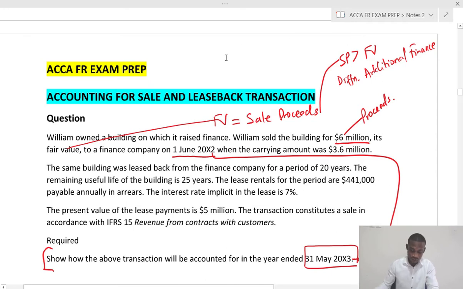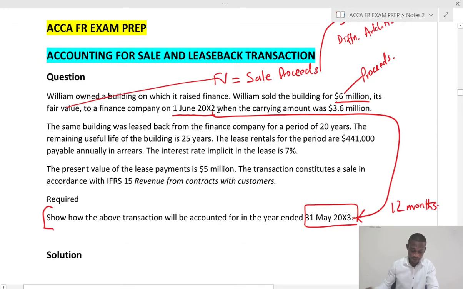All right, now back to the details of the question. The same building was leased back from the finance company for a period of 20 years. The remaining useful life of the building is 25 years. The lease rentals for the period are $441,000 payable annually in arrears.